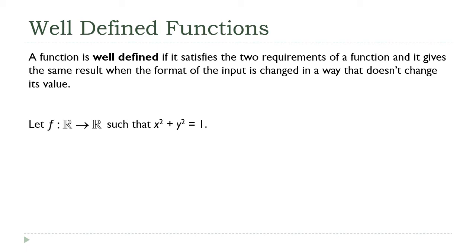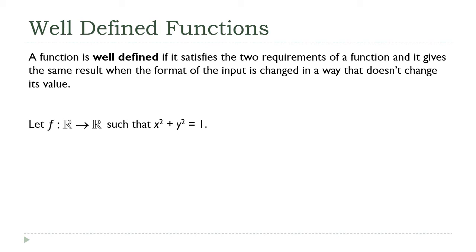So the way we write a number, for example, do we write a fraction as 1/3 or 2/6? Those two fractions both represent the same value. So even though they look different, they should get mapped to the same value in the codomain.